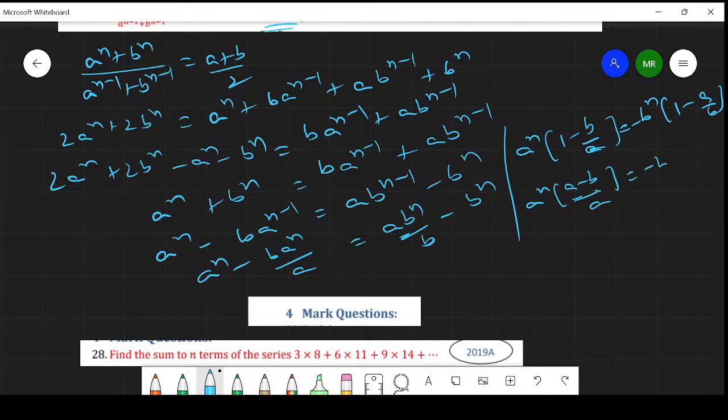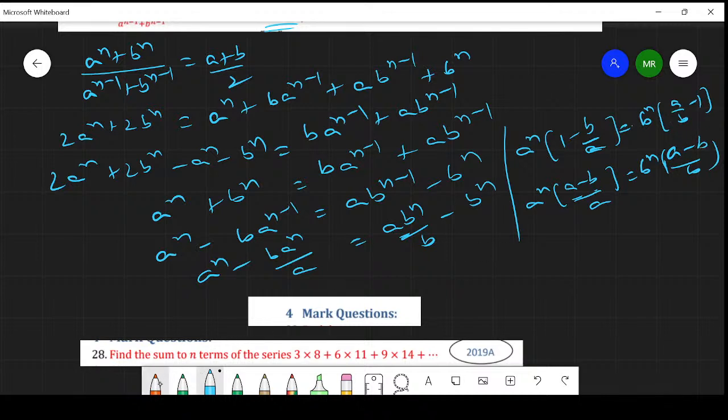This is minus b^n into b you are getting. I think you can take it as it is common, no need for minus also. If you take b^n common, it will be a by b minus 1. Then you will get b^n into (a minus b) by b. This should take LCM. (a minus b) by b, correct? This will be (a minus b) by b.